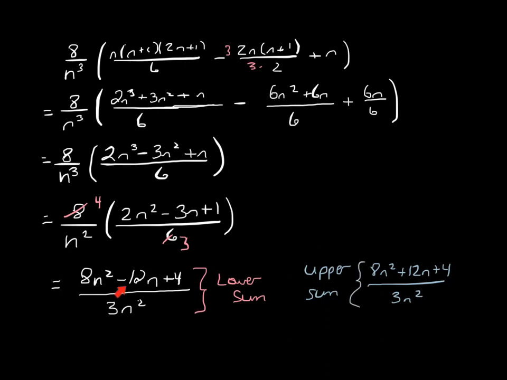The only difference is that here we've got a minus 12n and here we've got a plus 12n. But these are formulas that will give us approximations for the area under that curve. This will give us an under approximation. This will give us an over approximation for a set number of rectangles, n being the number of rectangles.